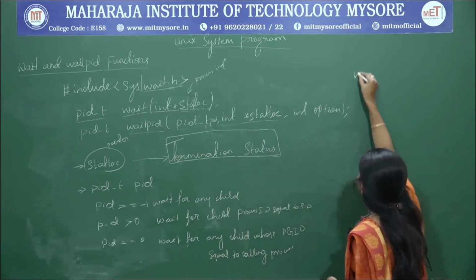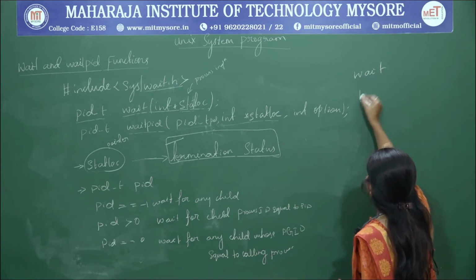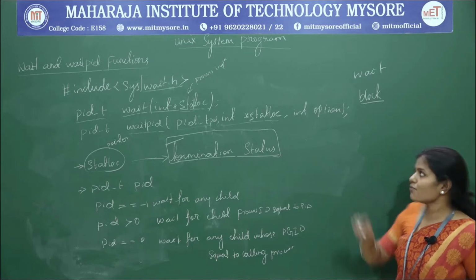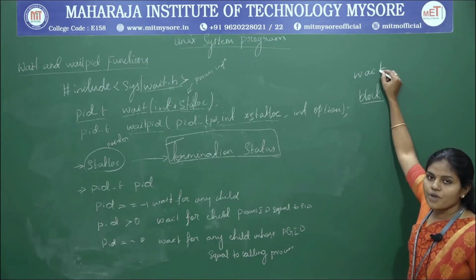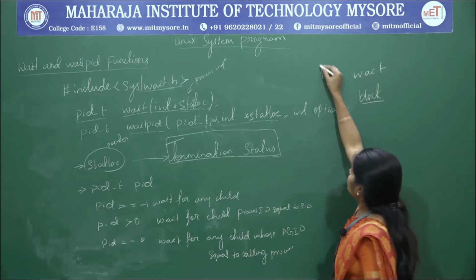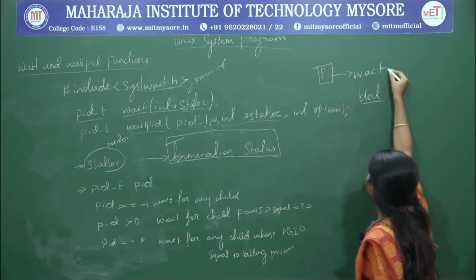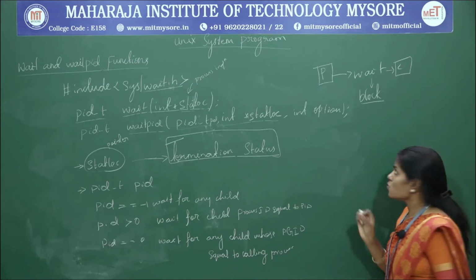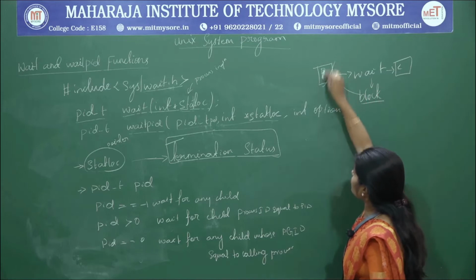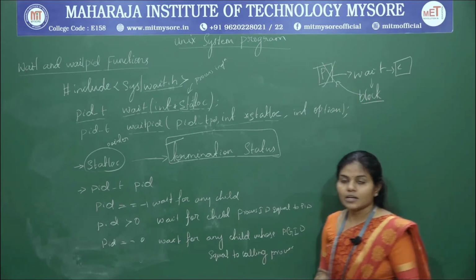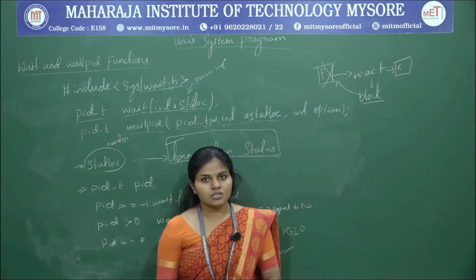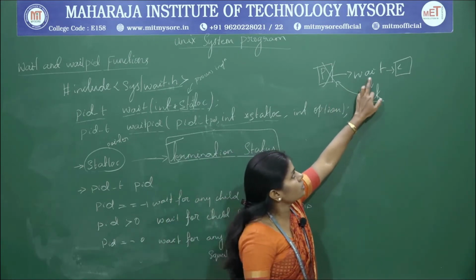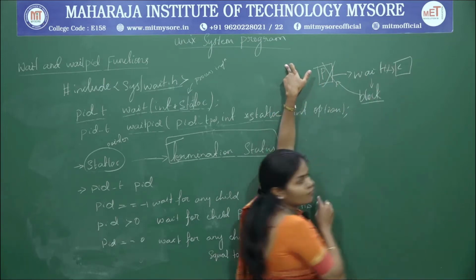What does block mean? When the parent calls wait on the child, it is going to block the parent until the child process terminates. So that is the wait function.